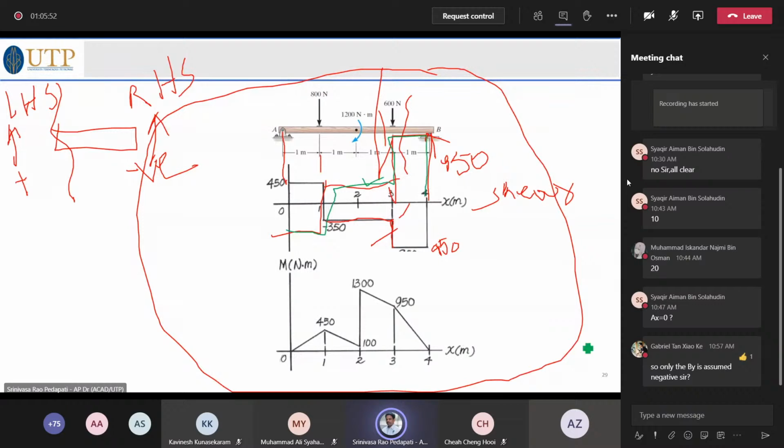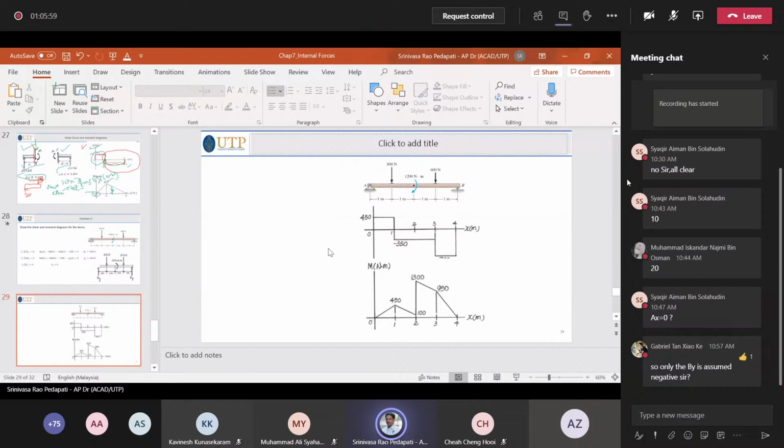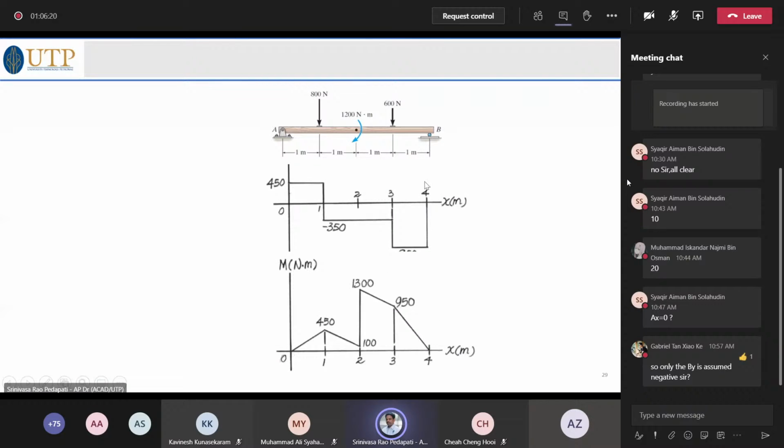So if shear force is clear, we try to understand the moment. Any question here? Let me check. By is assumed negative, meaning where is By? By is not negative, By is upwards.